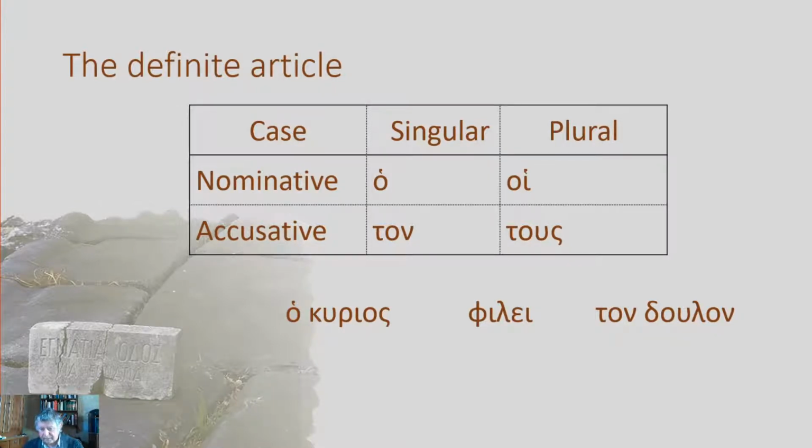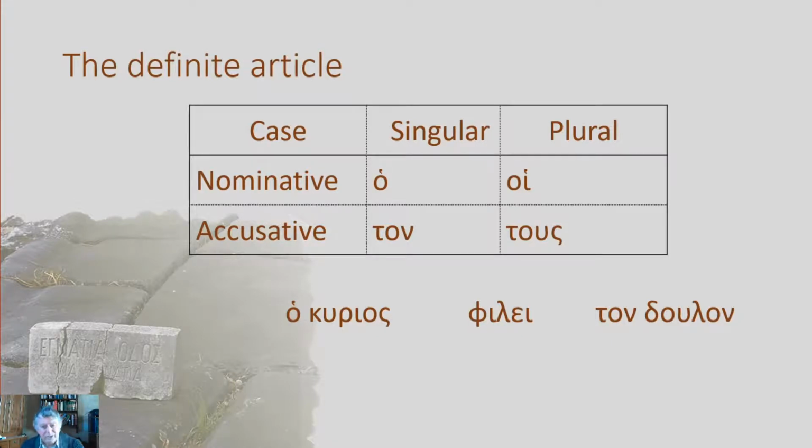In both cases, we've got definite articles, but we know which one is the subject and which one is the object, which one is the nominative, which one is the accusative, by the word ending. If the master loved all his slaves, then it would be ho kurios phile tous doulos, because it would be plural.